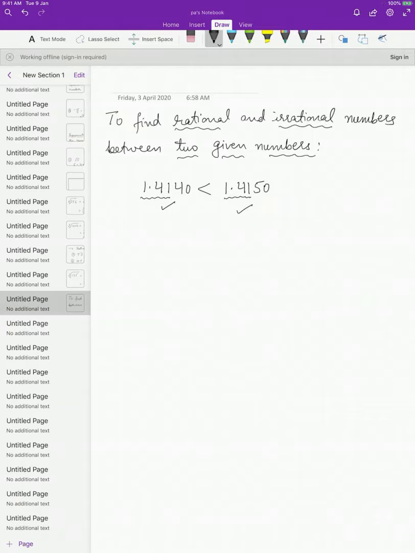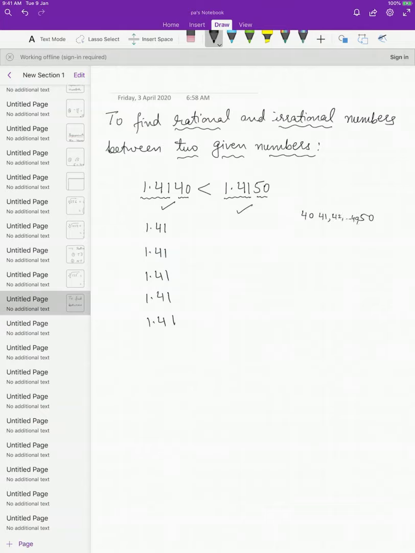Okay, so now till 1.41 both the numbers are the same. It means that the numbers that you are going to write in between these two numbers will also start with 1.41. All the numbers, suppose you want to write 5 numbers, so they all will start with 1.41. After that there is 40 and this is 50. So between 40 and 50 you have so many numbers, say 41, 42, 43 up to 49.